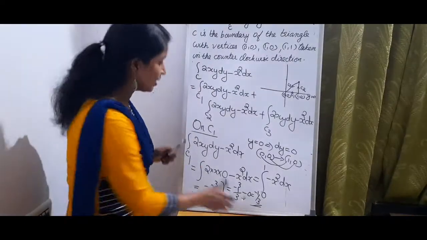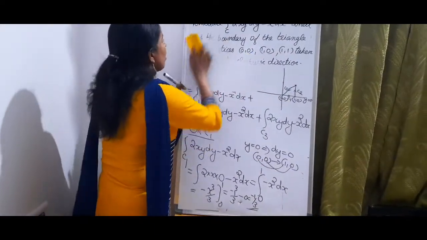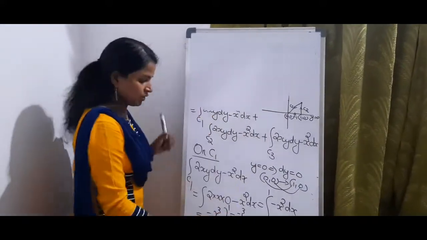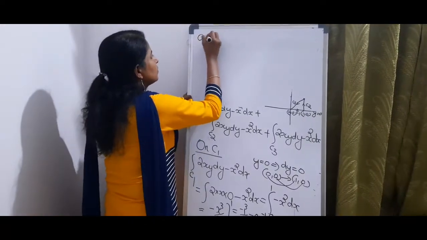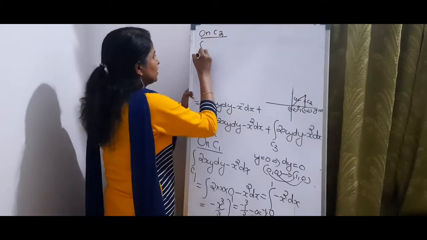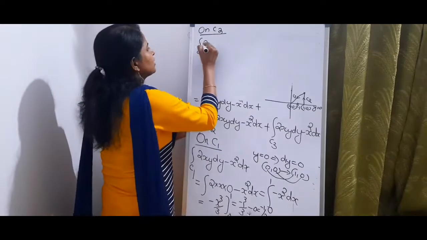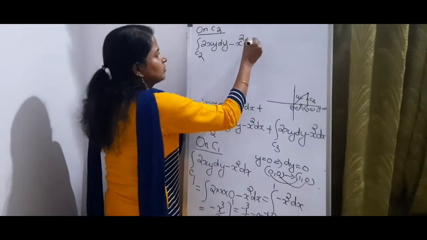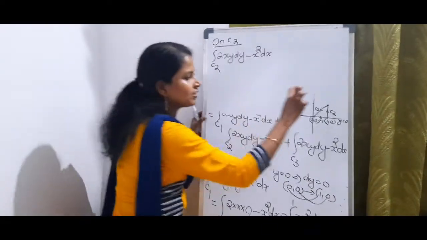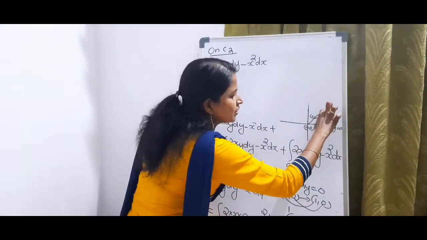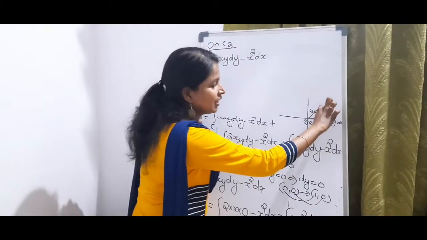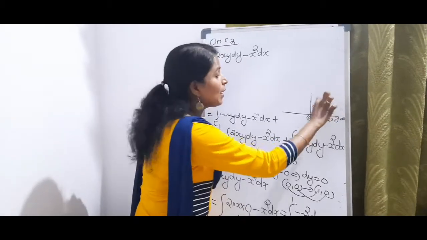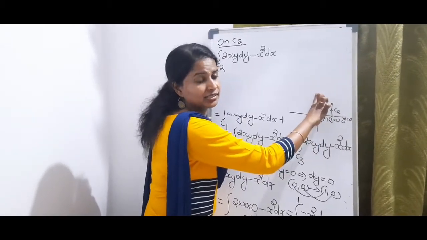Next we evaluate on C2, the integral over C2 of 2xy dy minus x squared dx. On C2, this is a line segment parallel to the y-axis.